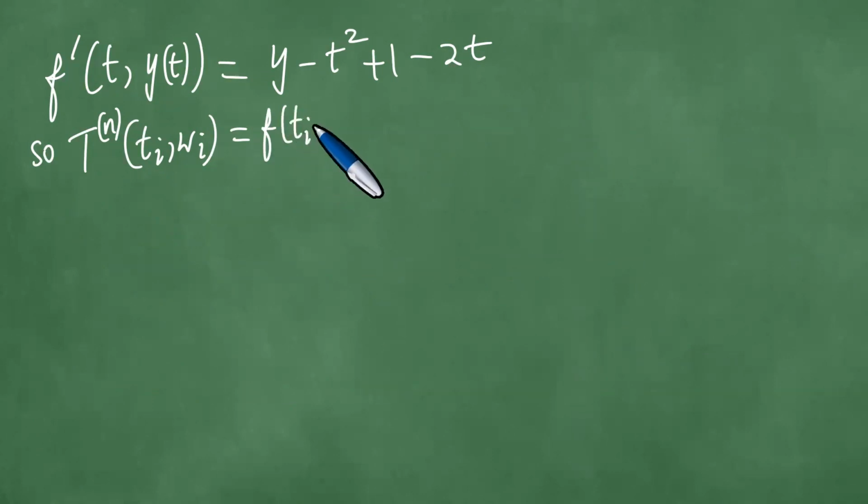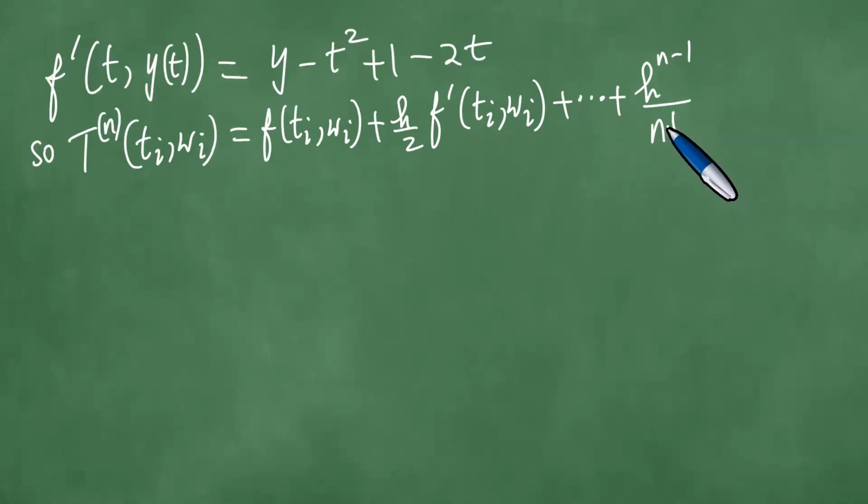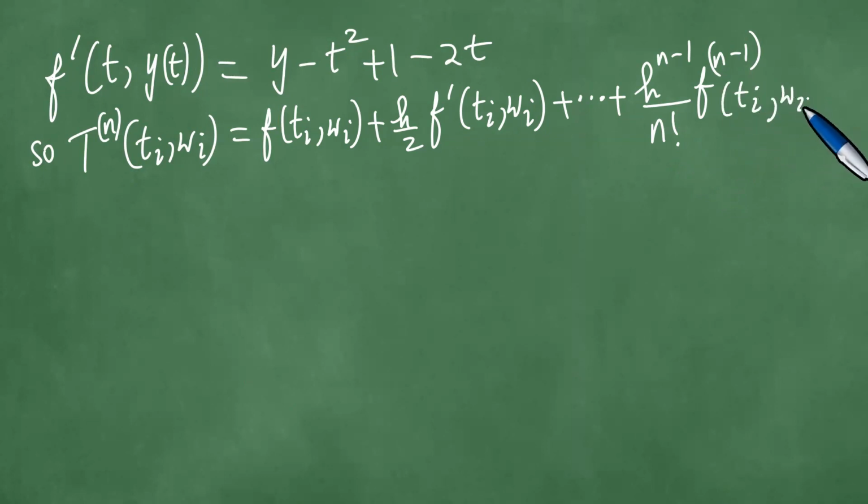So you have f of ti, wi, f primed, and then you have n minus 1.